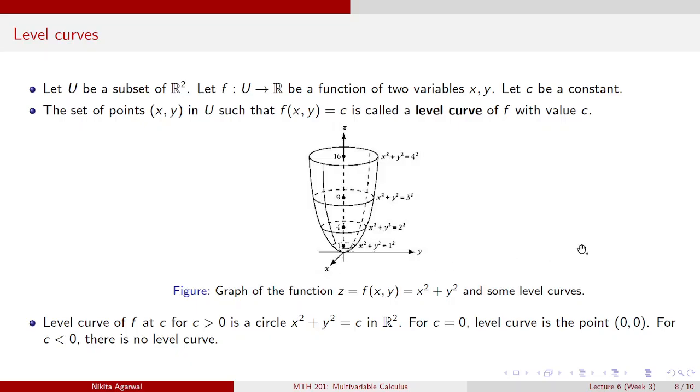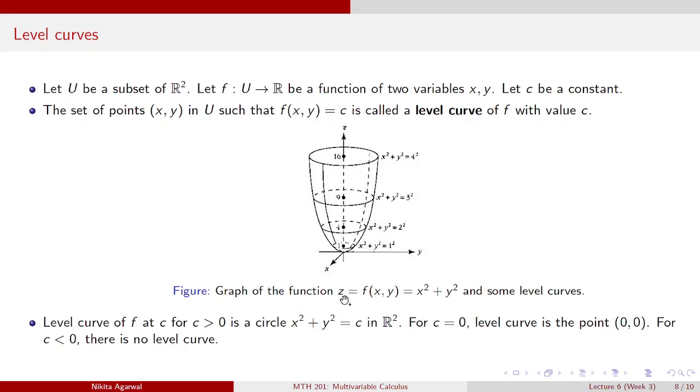So you imagine chopping off, or intersecting, this surface, whatever it is, we don't know a priori, with the plane z equal to a constant. If you put z equal to a constant, if z is positive, you get a circle, right? So we have drawn several level curves here corresponding to z equal to 1 square, z equal to 2 square, z equal to 3 square, z equal to 4 square. And these are the circles here that you get, right?